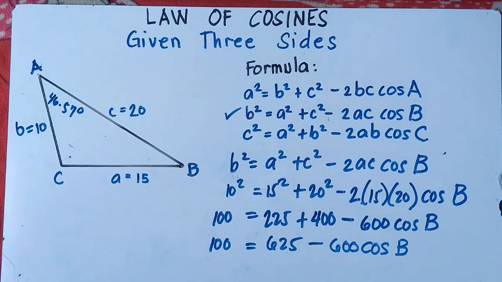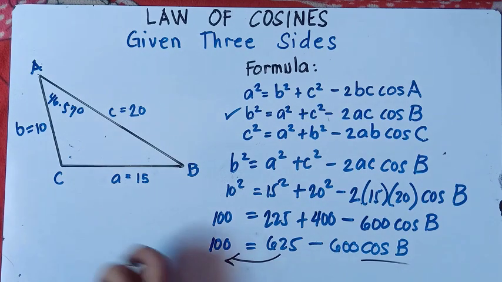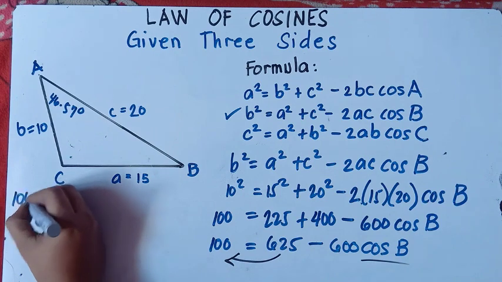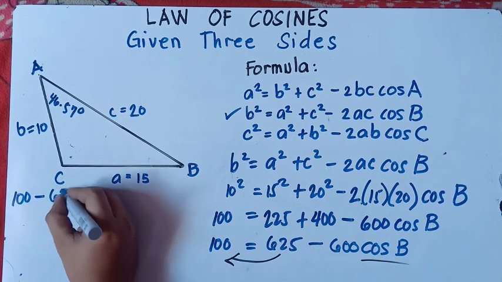Alright, so next, we need to transpose this one so that we can combine all numbers. We cannot combine 625 and 600 because negative 600 has a variable of cosine B. So we can only combine all these numbers. So transpose this one, it becomes negative. This will be 100 minus 625.